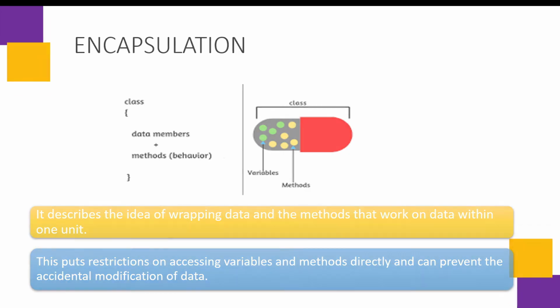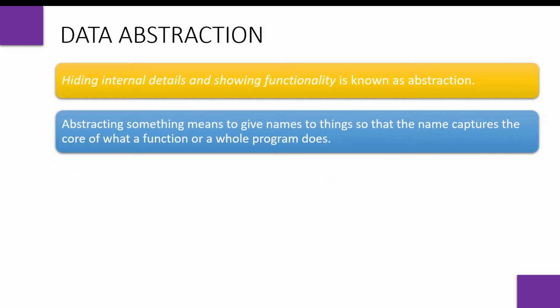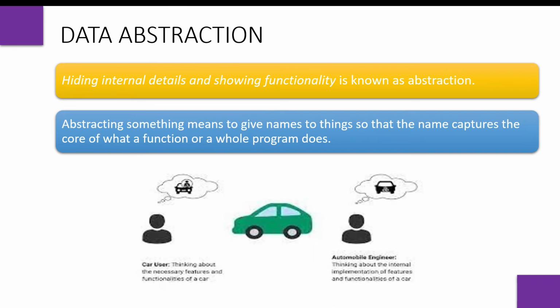Next concept is data abstraction. What is it? It is basically hiding internal details and showing functionality. It is known as abstraction. Abstracting something means to give names to things so that the name captures the core of what a function or a whole program does. For example, I have a car.